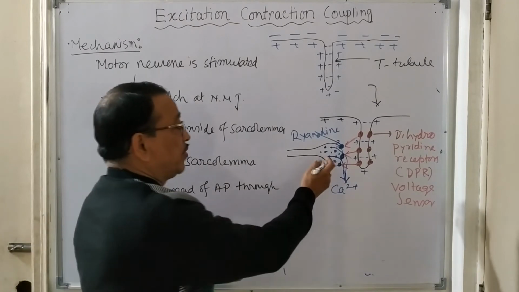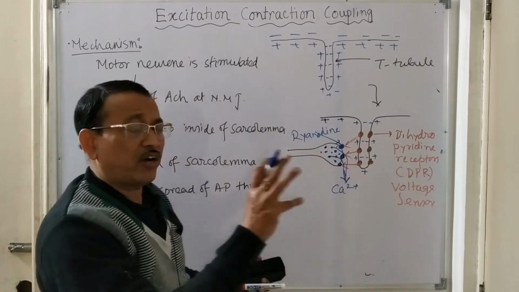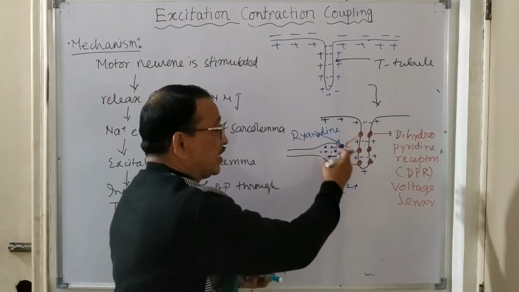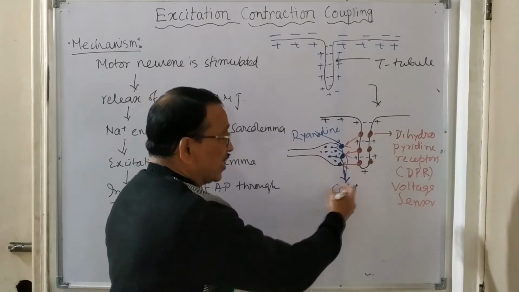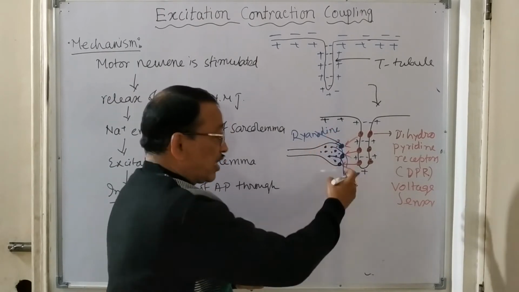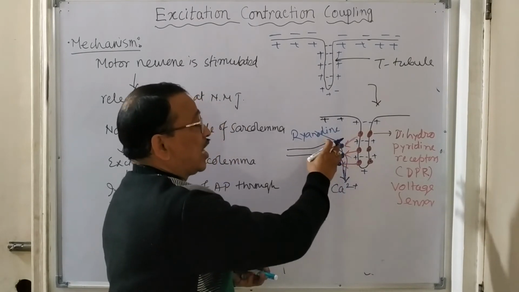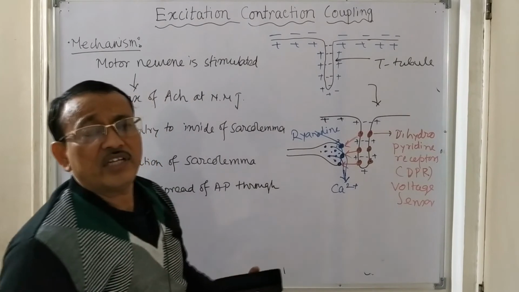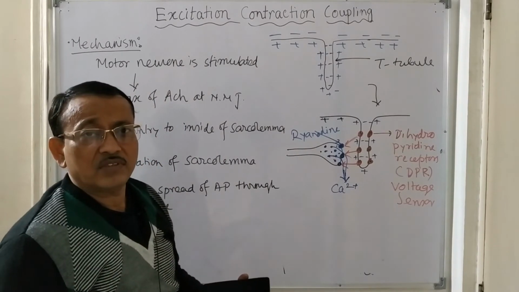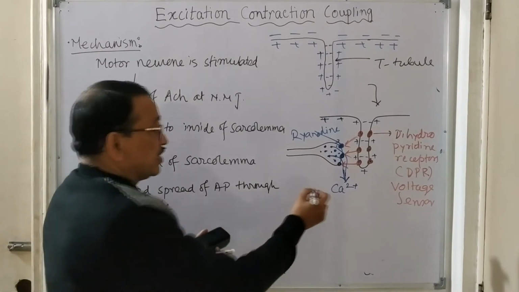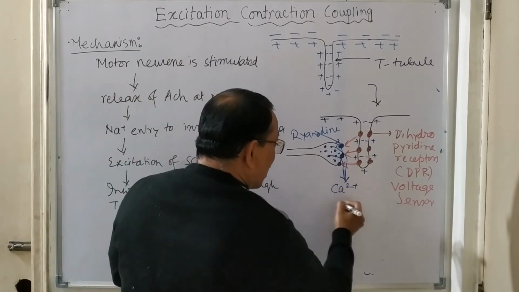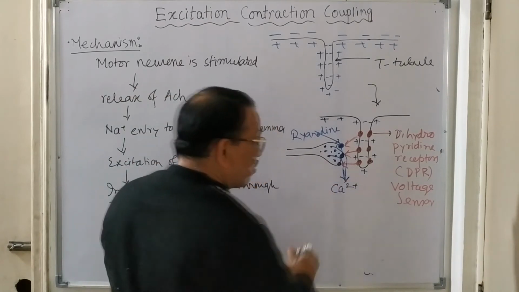So whatever calcium ions remain stored in the terminal cisternae are now released via the ligand-gated calcium channels, which are basically the ryanodine receptor protein. This is how the calcium ions are released into the sarcoplasm.